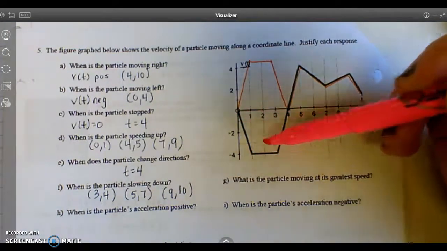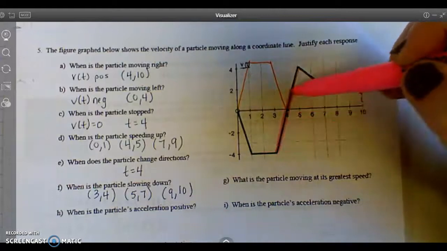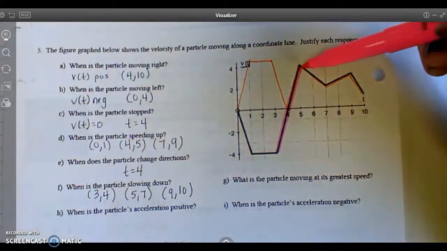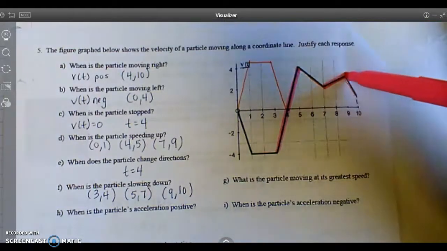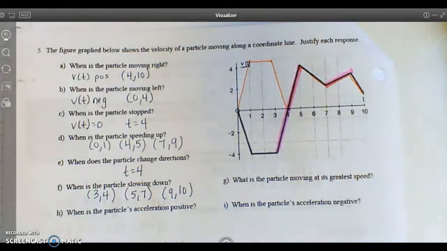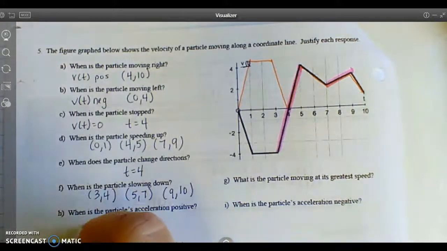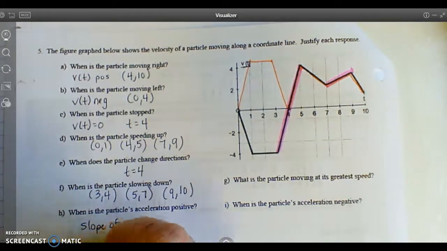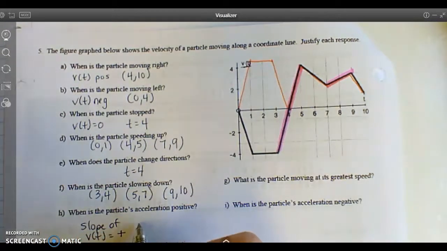The slope is 0. The slope is positive from there to there. Negative and positive. So where the pink is, that's where acceleration would be positive, because that's where the slope of velocity is positive. And so that would be from 3 to 5, and then also from 7 to 9.